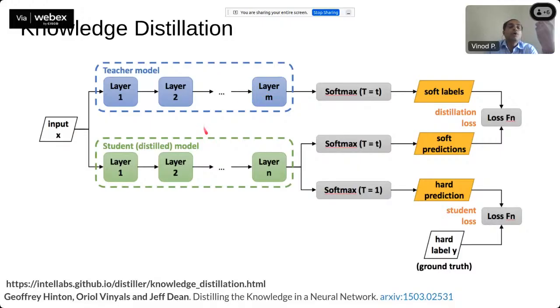The whole objective is that from the teacher model we would like to create a student model whose performance will be similar to that of the teacher model. So we start with a big model, and we would like to create a smaller model, called the student model, and this student model should perform equivalently to the teacher model.